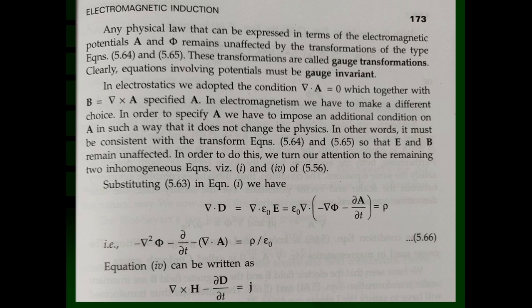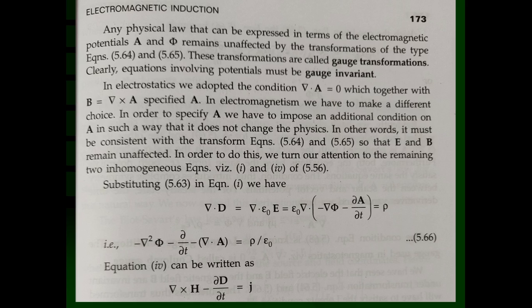But in electrodynamics, they are also time dependent, and hence A and phi have to be transformed. So A is transformed to A dash and phi is transformed to phi dash, in such a way that they do not change the physics. In other words, it must be consistent with the transformation of equations 5.64 and 5.65 so that the original electric field and magnetic field remain unaffected.